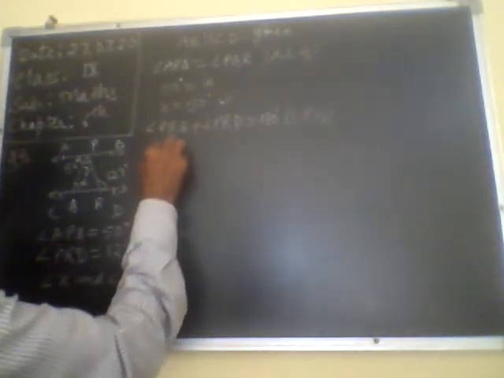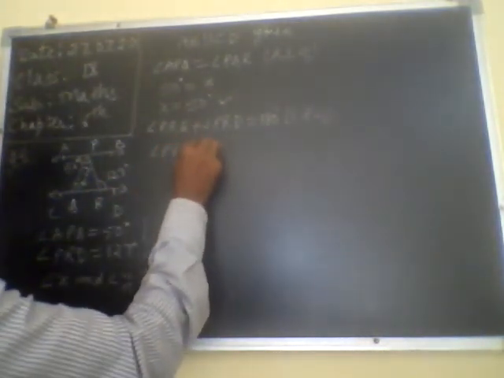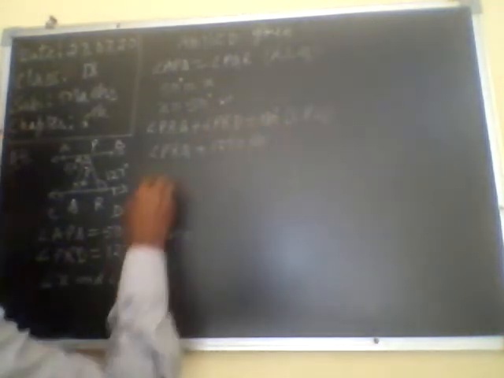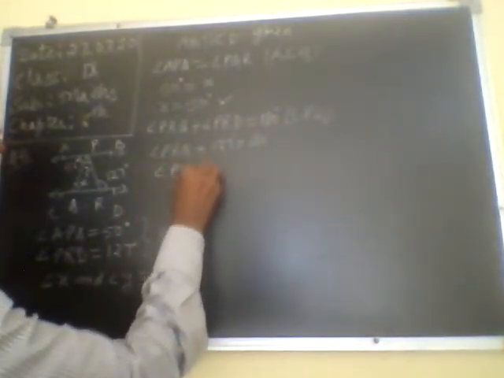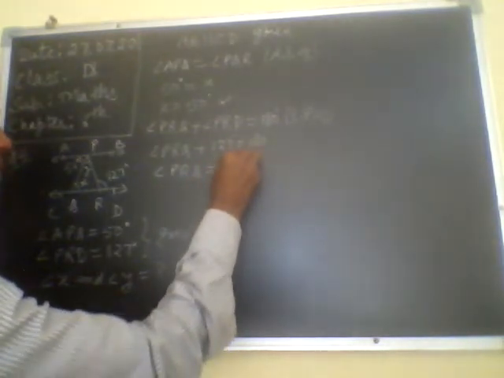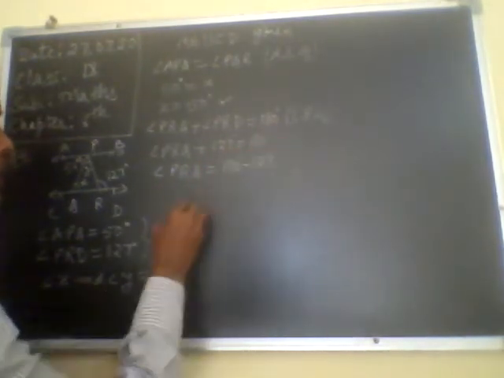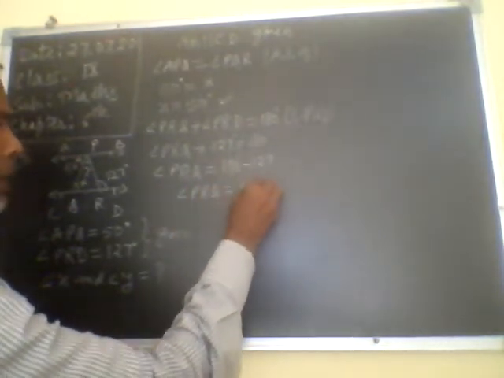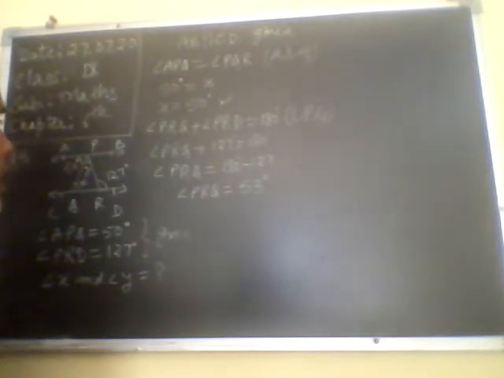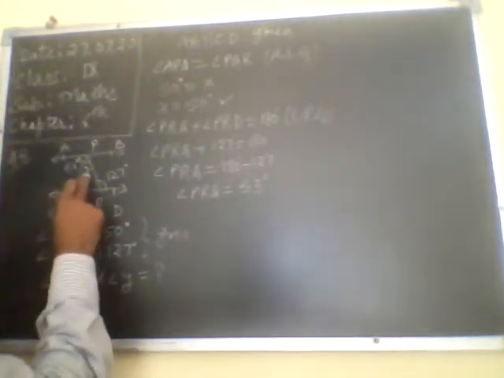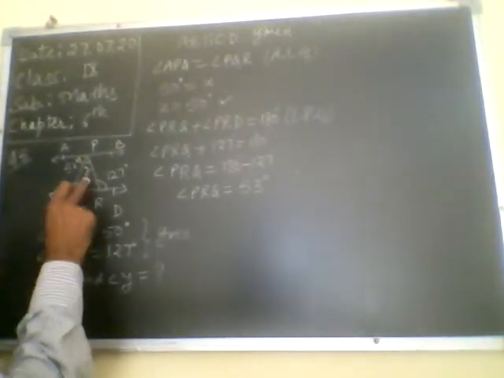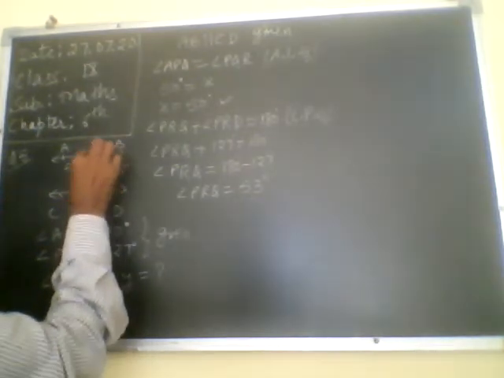PRQ is not given, but PRD is given as 127 degrees. So PRQ is 180 minus 127. That's why PRQ is 53 degrees. But we have to find angle Y, and PRQ is this angle.